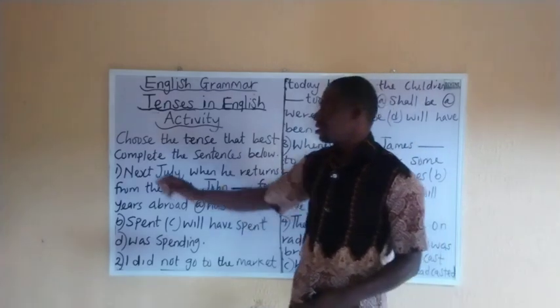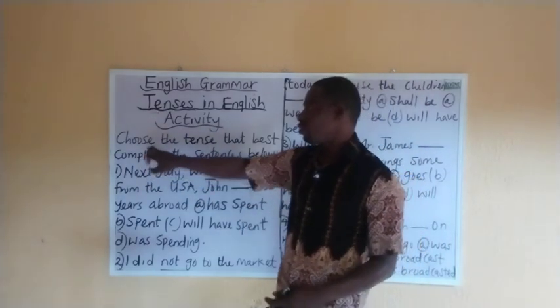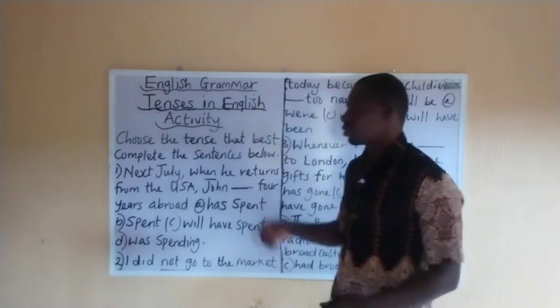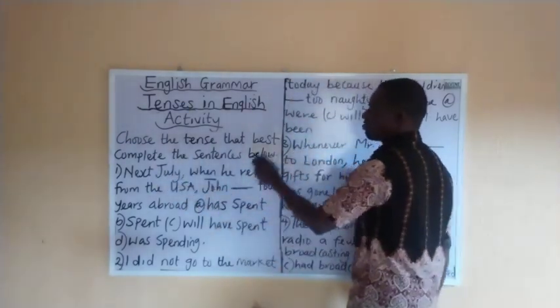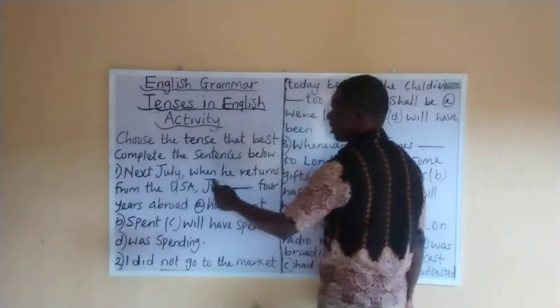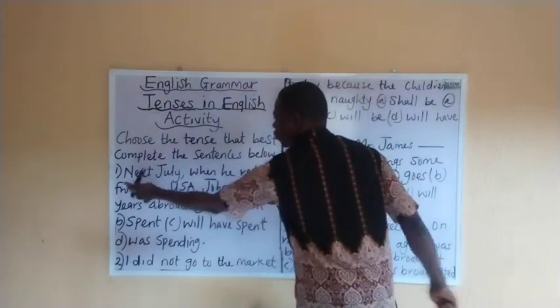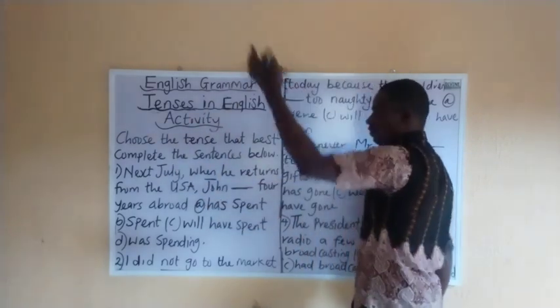Okay, fine. The question says, choose the tense that best completes the sentences below. Number 1. Next July, when he returns from the USA, John dash 4 years abroad. Next July means that the action will take place in the future.